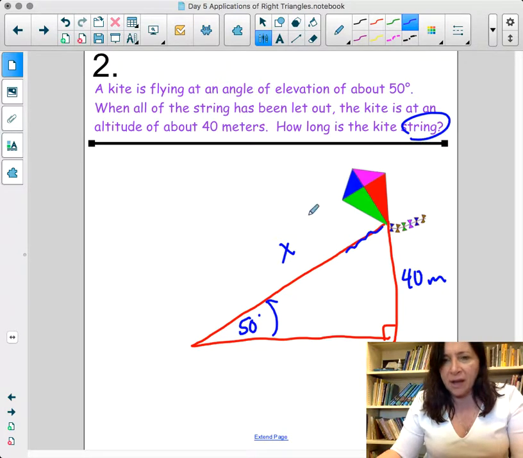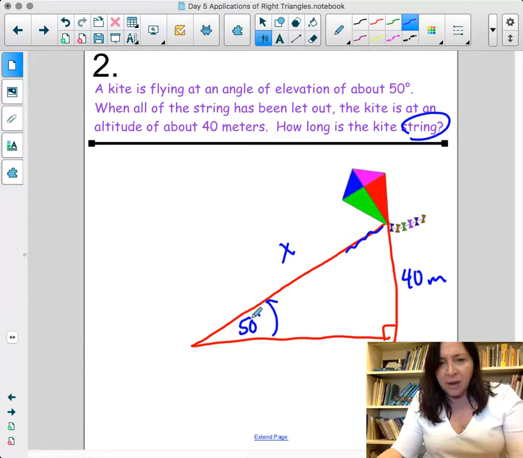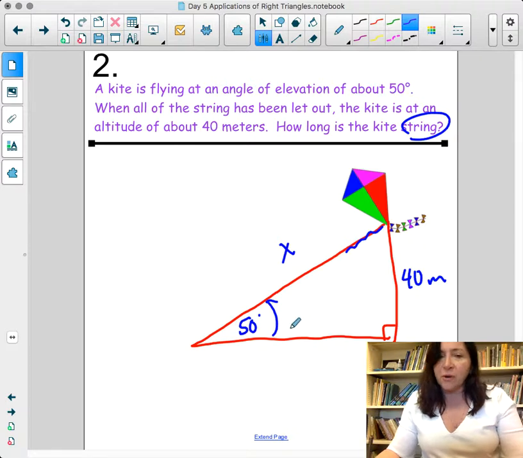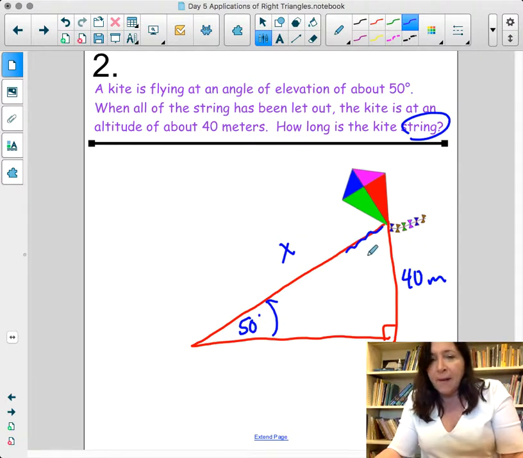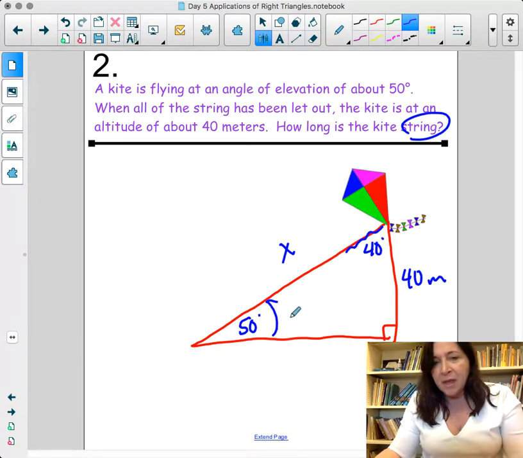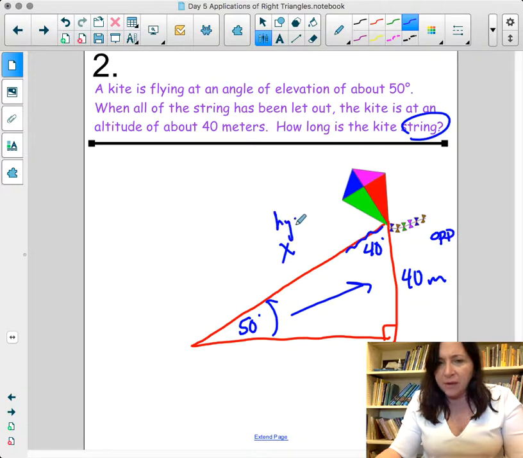How long is the string? Well, we want to find x. So we have the angle, so we're not going to use arc sine or arc cosine or arc tangent. We know that's 50, which means that's 40 degrees, because remember, those have to add up to be 90. So this is opposite, and this is my hypotenuse. So which one uses the opposite side and the hypotenuse?